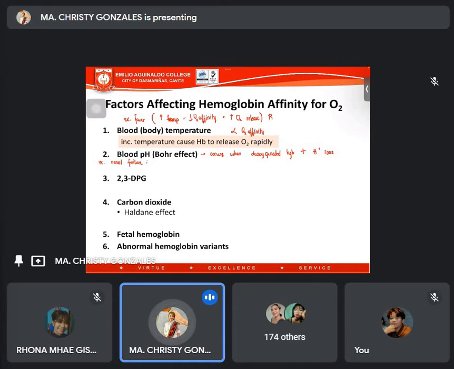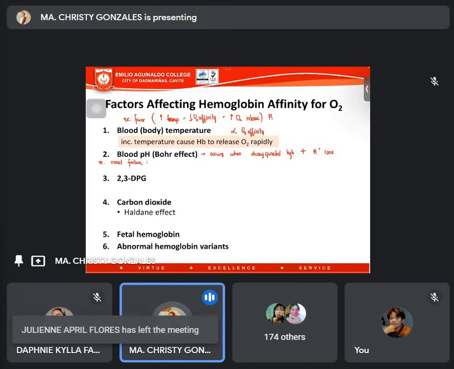So, syempre, your kidney will filter out your plasma, and then some of the ions should be reabsorbed back to the circulation. But if you have renal failure, you don't have the capability to reabsorb those ions. Wala ring capability na mag-filter. So, nangyayari po, nagbi-build up ngayon yung mga hydrogen ions. So, increase ang hydrogen ions.